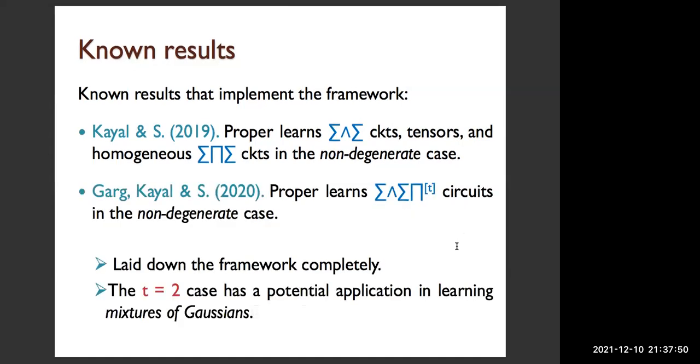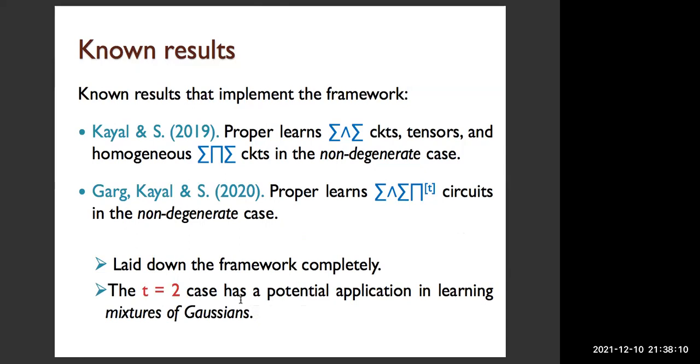And we can push the model further. Instead of depth 3 powering circuits, which are sums of powers of linear forms, we can look at sums of powers of quadratic forms or degree 3 forms or degree 4 forms. And still you can apply this framework and learn such circuits.